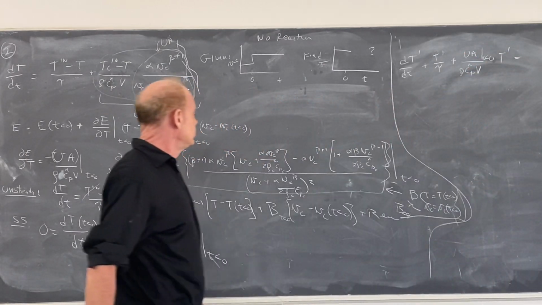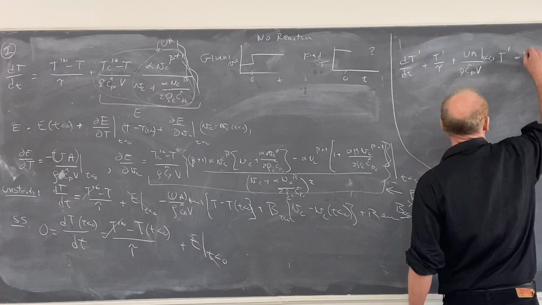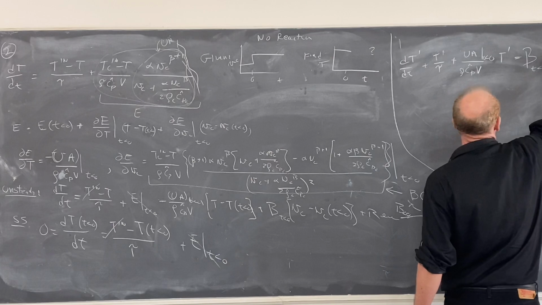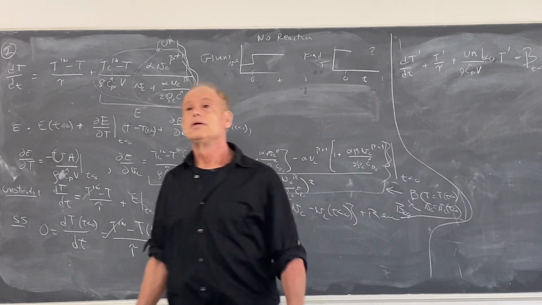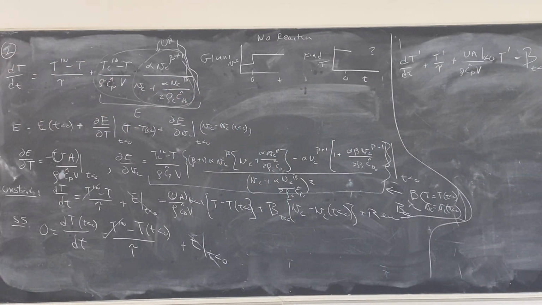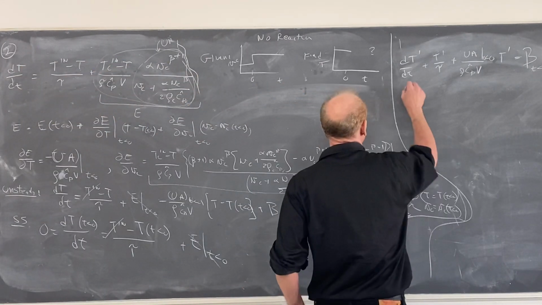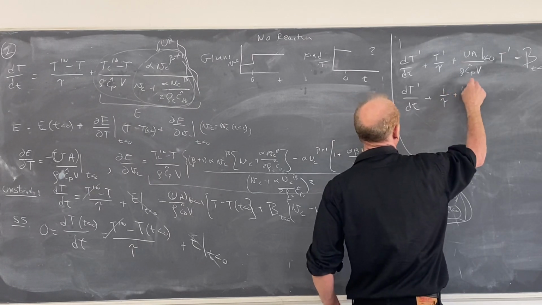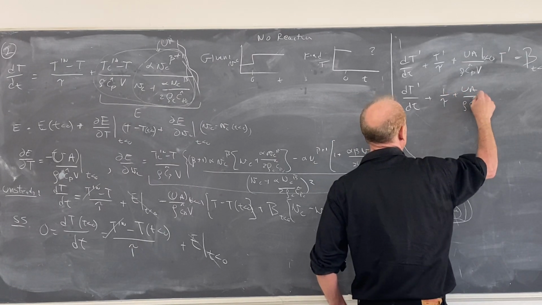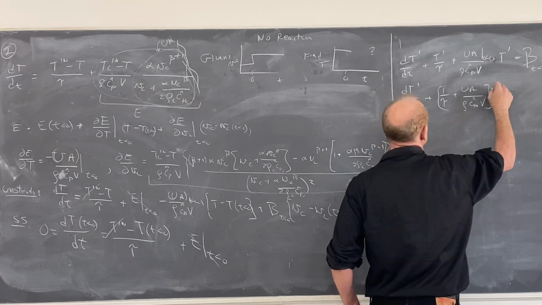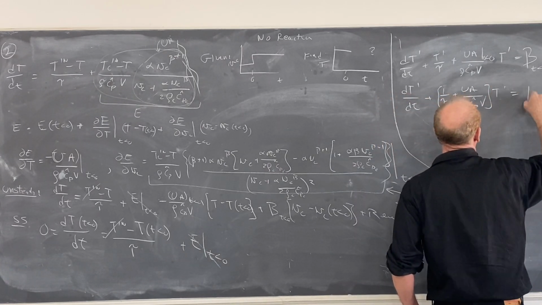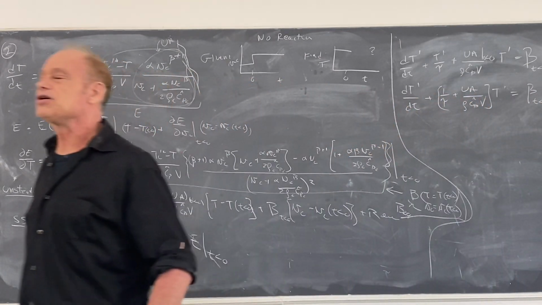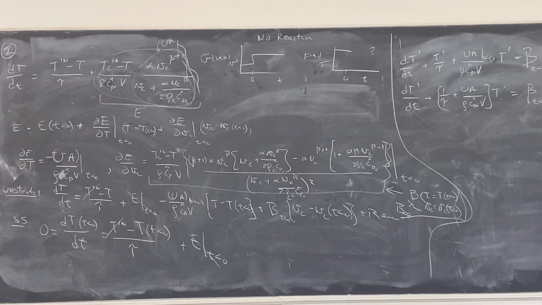And that's equal to beta at t less than 0 times Vc prime. Look how simple that equation looks. Much easier. And notice, it's exactly of the form we're used to. Plus 1 over tau plus UA over rho Cp hat V times T prime is equal to beta at t less than 0 times Vc prime.